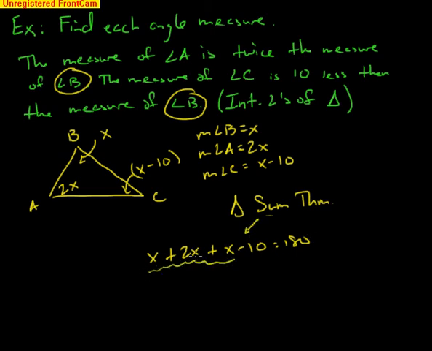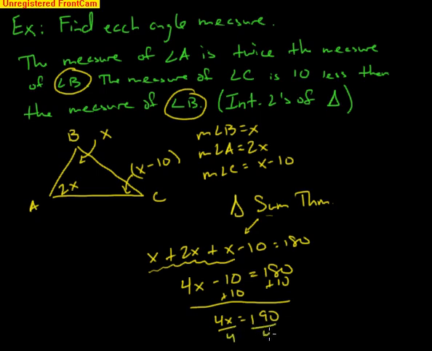So we combine like terms. x plus 2x plus x is 4x minus 10 equals 180. Add 10 to both sides. 4x equals 190, and we divide by 4. When you divide by 4, you get x equals 47.5.